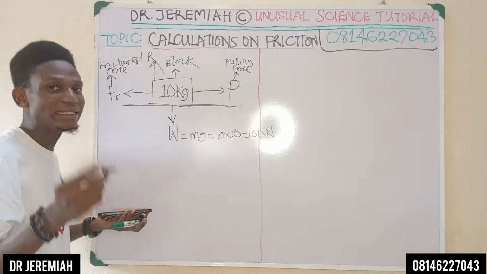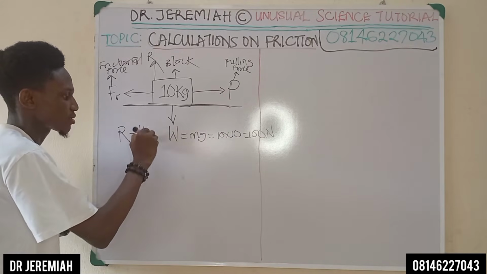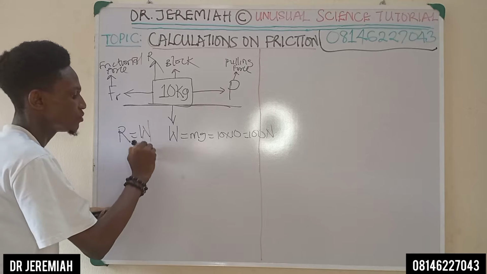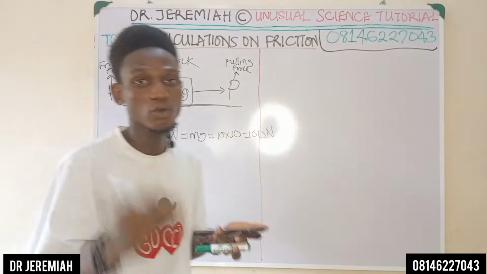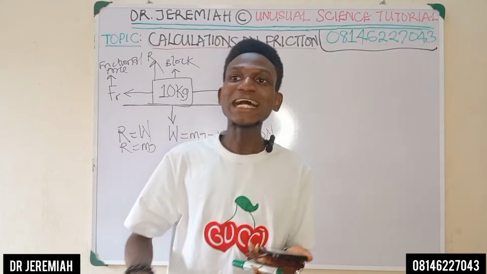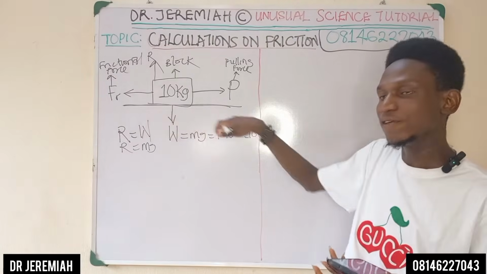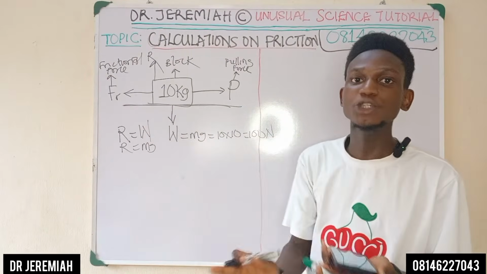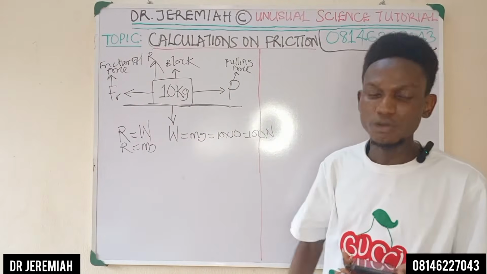And usually, you can say reaction equals weight. So reaction equals mg, for a horizontal surface. So these are the resolved forces on a horizontal surface. Hope you are getting it. So this is the first thing to know about resolution of forces on a horizontal surface.